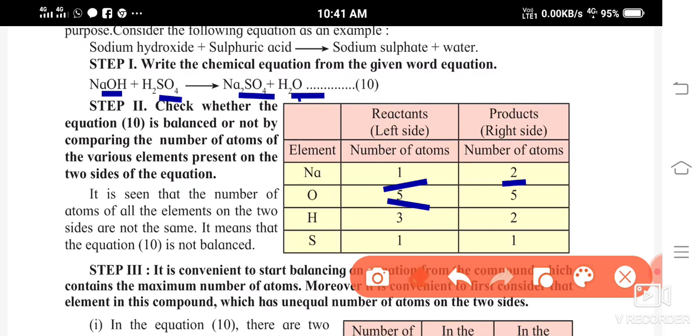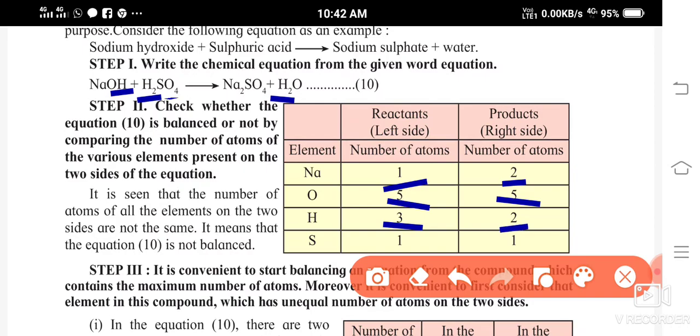Yes, right hand side also 5. Hydrogen, see, hydrogen 1 here and 2 here. So 3, correct? On the left hand side 3, on the right hand side, only 2.